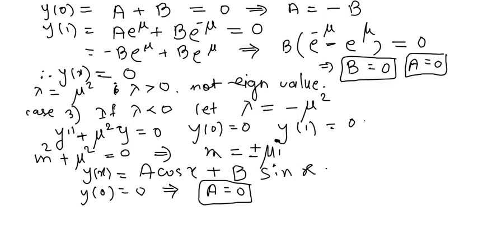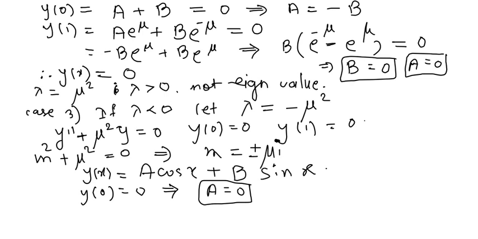The second boundary condition, that is y at 1 equal to 0, gives us what? b into sine of 1 is equal to 0. Sorry, I think I have made some mistake here. This should be not just x, it should be mu x, right? Sine of mu x and cos of mu x, yes.